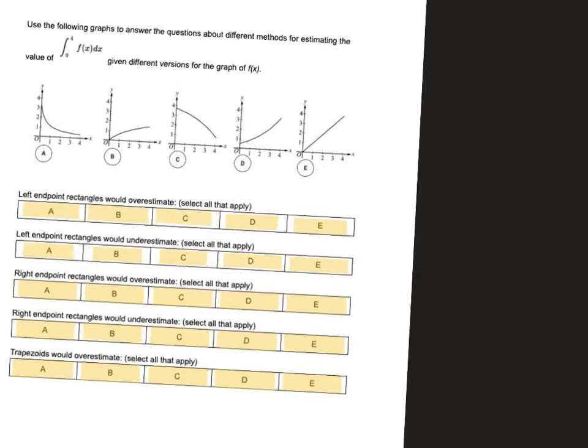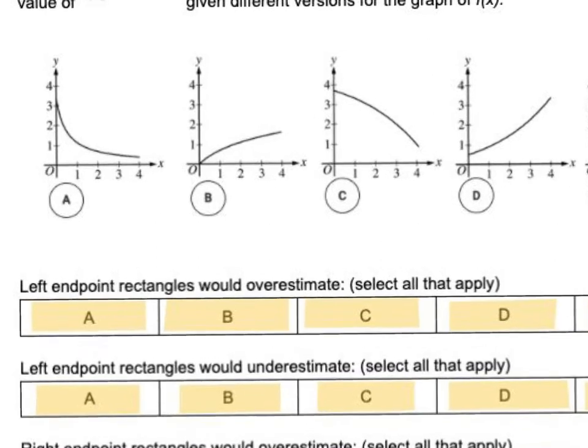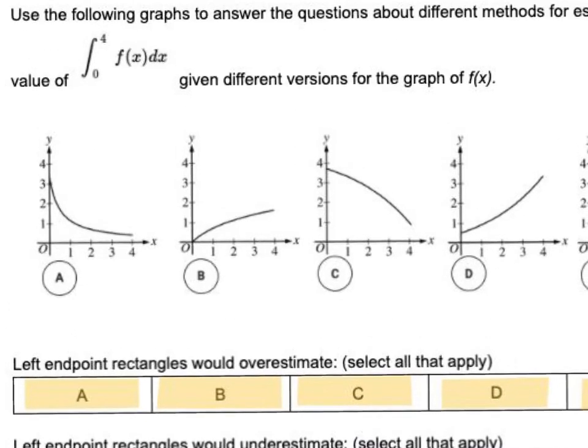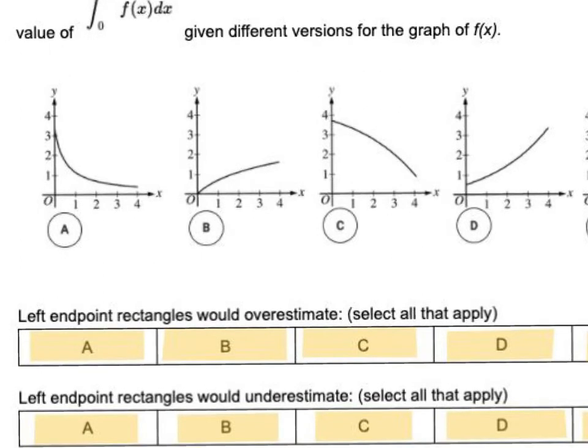We also have just basic rules. Let me make this way bigger here for a second. If my function is decreasing, actually let me double check here. Are we going from 0 to 4? Yeah, 0 to 4. If my function is decreasing, the left endpoint will overestimate.